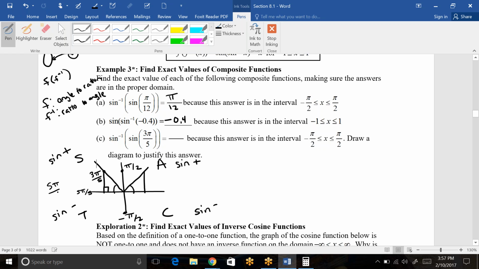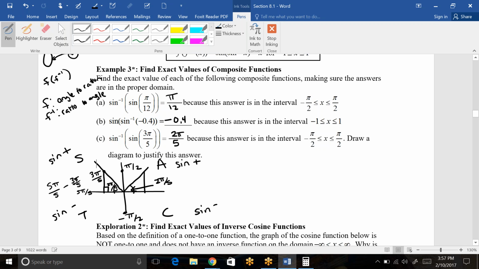So 5 pi over 5 minus 3 pi over 5 would be 2 pi over 5. So that means this matching reference angle over here is 2 pi over 5. So the answer to this is actually 2 pi over 5. It's not an exact copy because the original angle they gave me was not between negative pi over 2 and pi over 2.